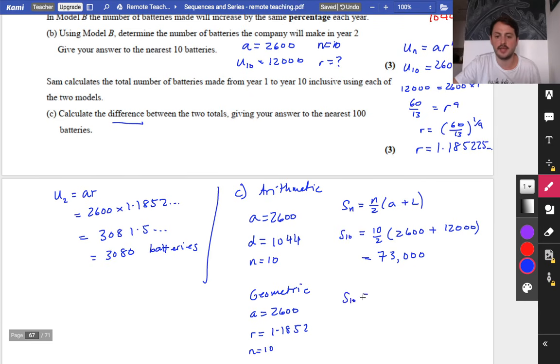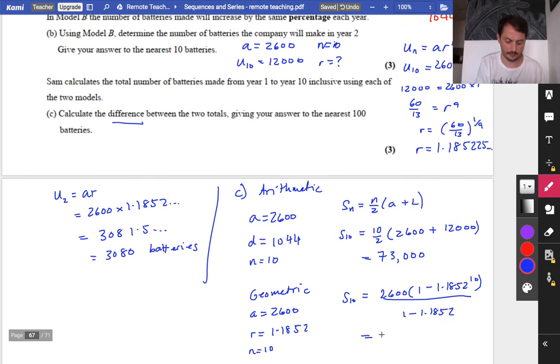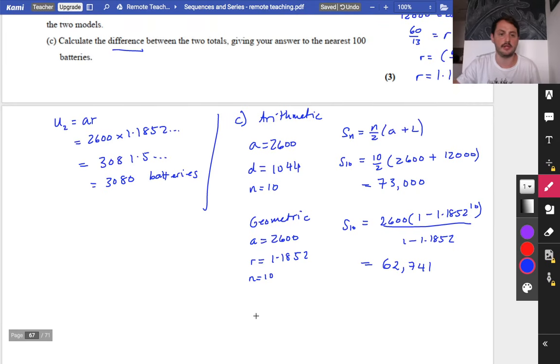Our sum to 10 in this case is going to be A brackets 1 minus R to the power of n, all over 1 minus R. Put it all in the calculator: 1.1852 to the power of 10, all divided by 1 minus 1.1852. And we get 62,741 batteries to the nearest battery.